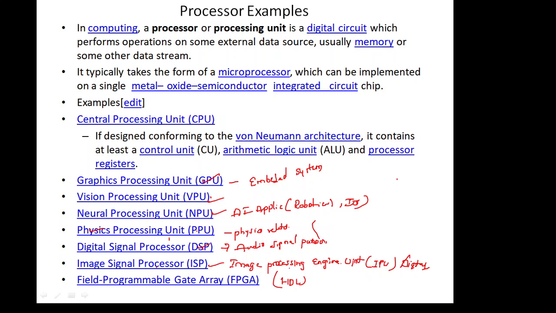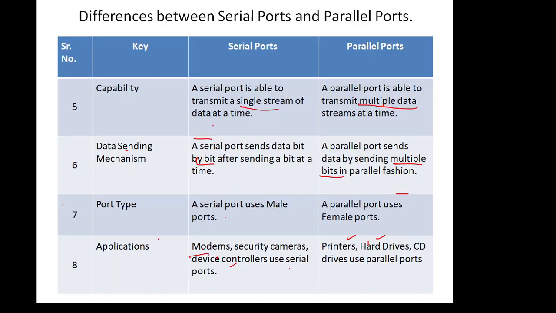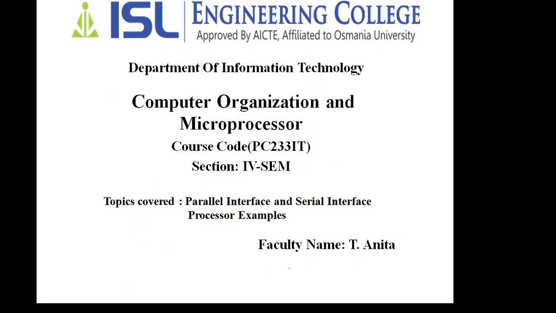We have seen the graphics processing unit, vision processing unit, neural processing unit, digital signal processor, and FPGA. All these come under the processor examples.